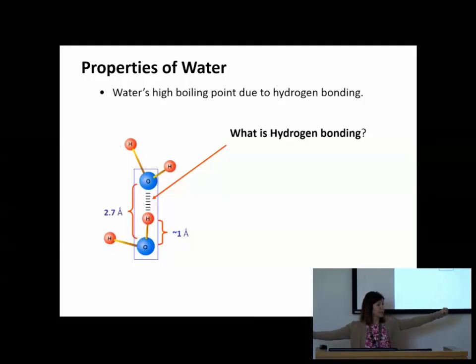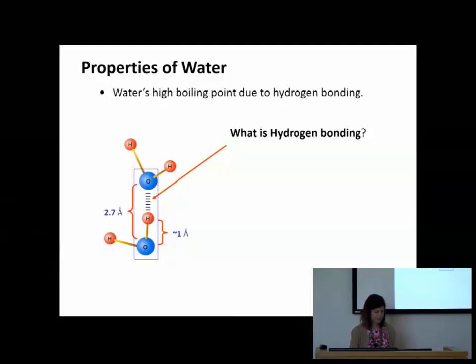Substances with more or stronger intermolecular forces are going to have higher melting and boiling points, because you need to break those forces in order to go from one phase to the next.